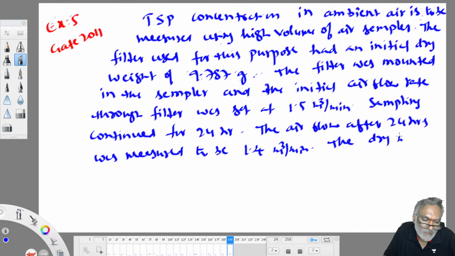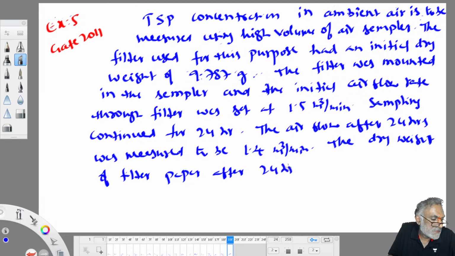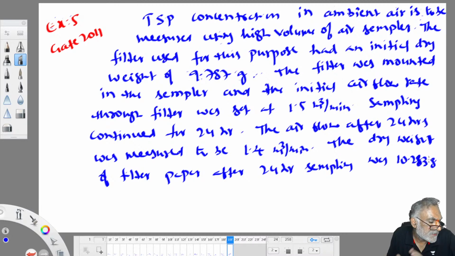The dry weight of the filter paper after 24 hours of sampling was 10.283 grams. The description and all is not required. What is the initial weight, what is the final weight, that's all.